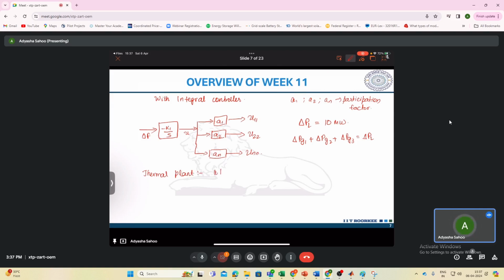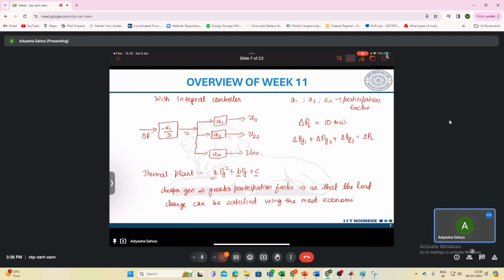So they can sometimes be written like this: A times Pg square plus B times Pg plus C. So these are your cost coefficients A, B, C, and depending upon this, you can tune such that the cheaper generator will have greater participation factor, so that the load change can be satisfied using the most economical control action.